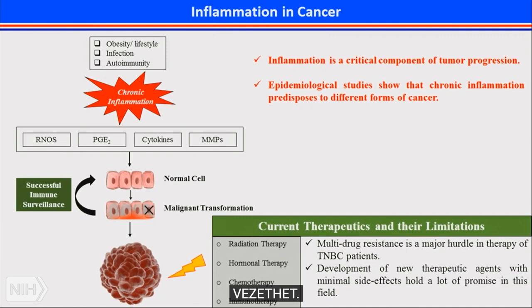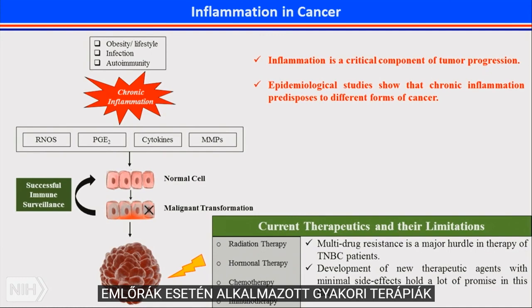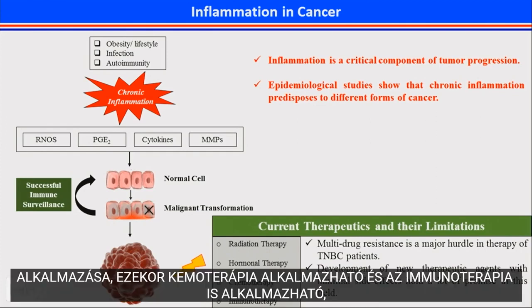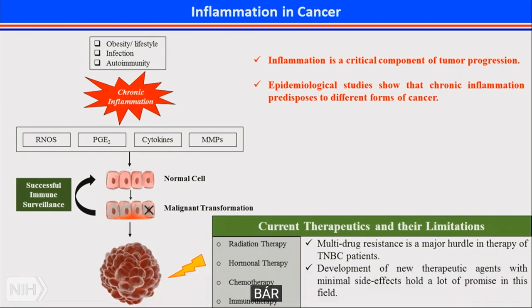These are some of the common therapies which are used for breast cancer. One of the common therapies is radiation. Then we have hormone therapy, like use of tamoxifen or aromatase inhibitors. Then chemotherapy is used, and immunotherapy also can be used, even though it is not that popular in breast cancer.